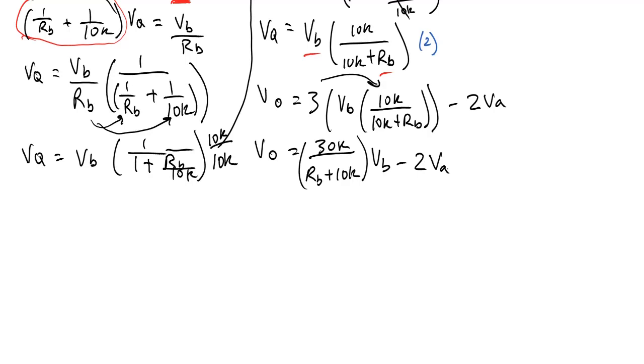And this would be our answer for A, because this is in terms of the variables RB, VB, and VA. So this is our answer for A.